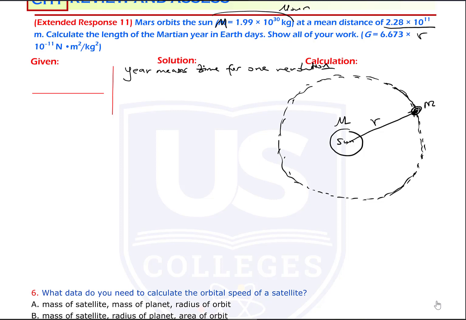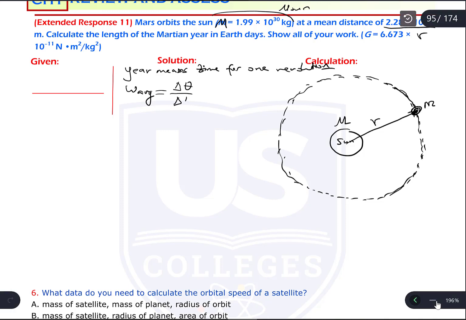I know that omega average for any object in circular motion, because Mars is following almost a circular path, is going to be delta theta divided by delta T. And for one revolution, delta theta is 6.28.